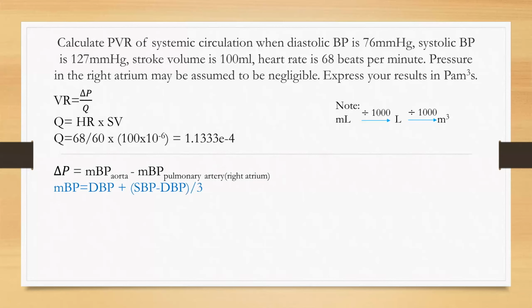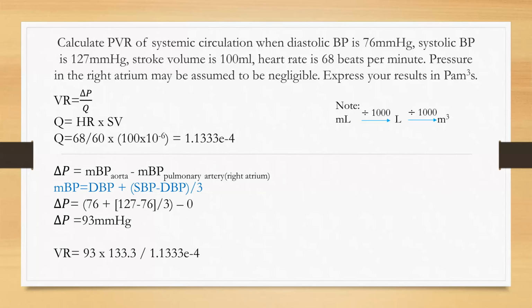We cannot simply take an average, because the difference between systolic and diastolic blood pressure also plays a main role. And as we assume the mean blood pressure in the pulmonary artery to be 0, we get this answer, 93 millimeters of mercury.